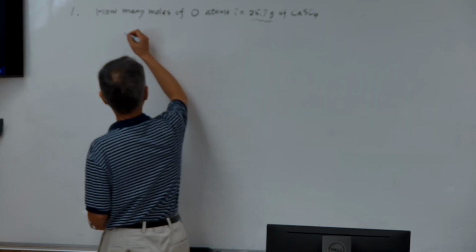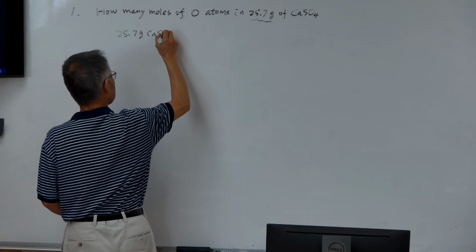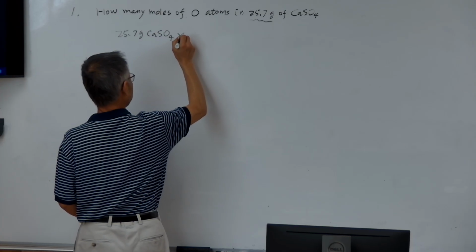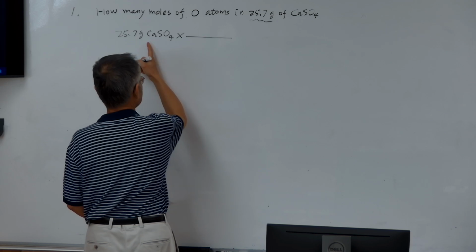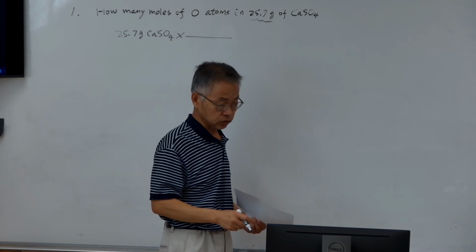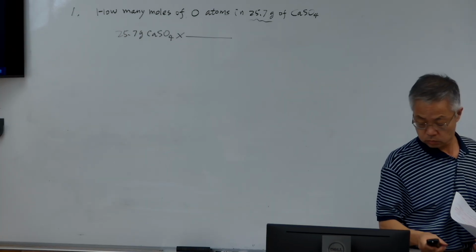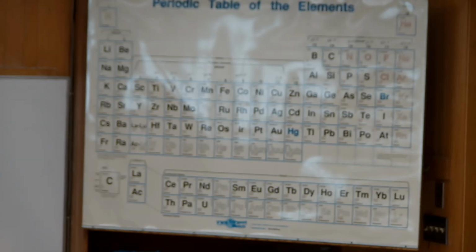So mass 25.7 grams calcium sulfate divided by molar mass. We need to figure out the molar mass of calcium sulfate by using the periodic table.